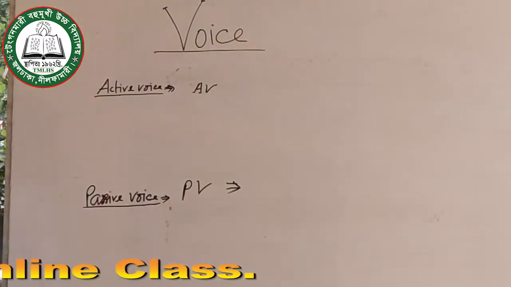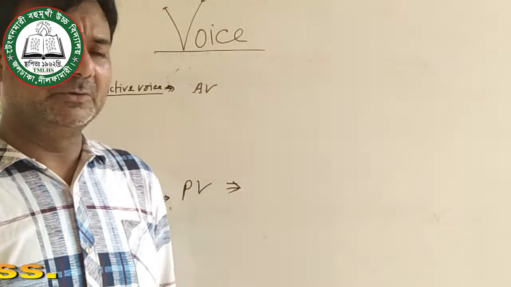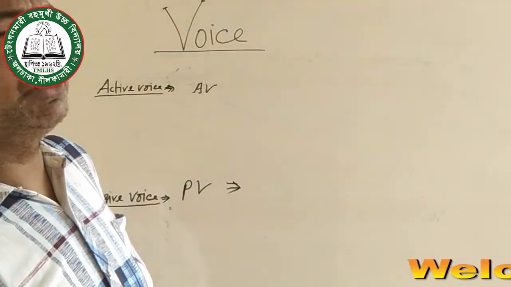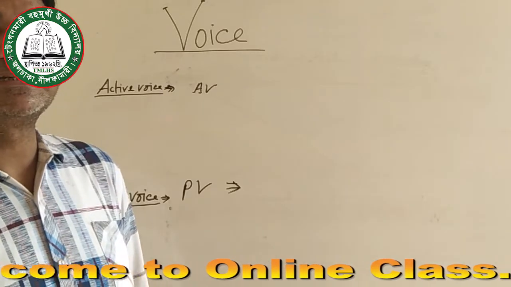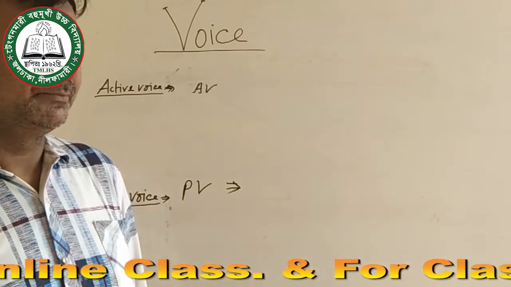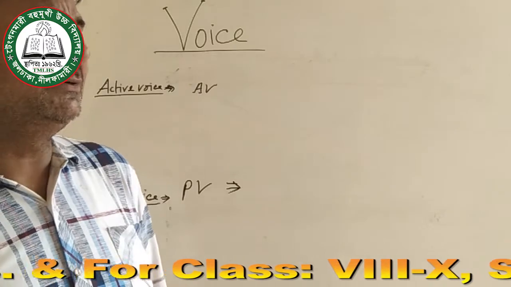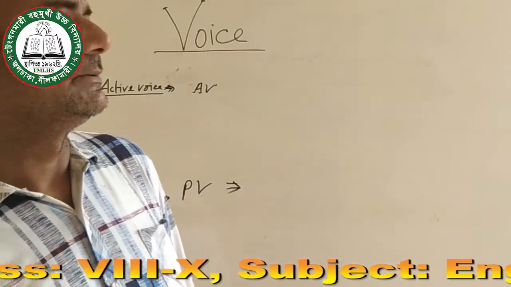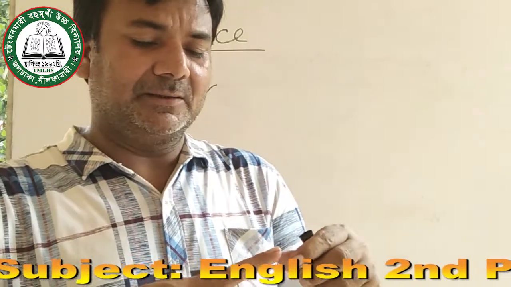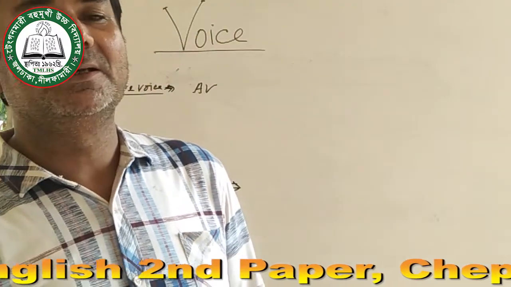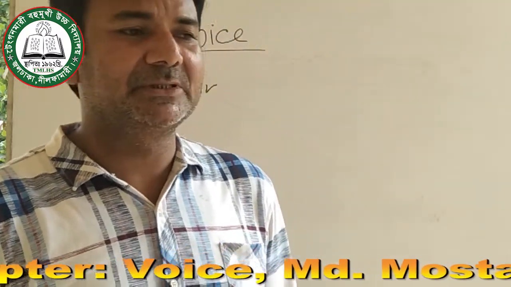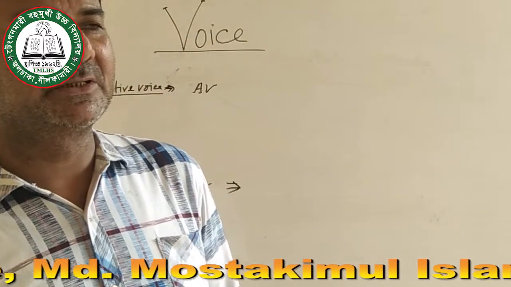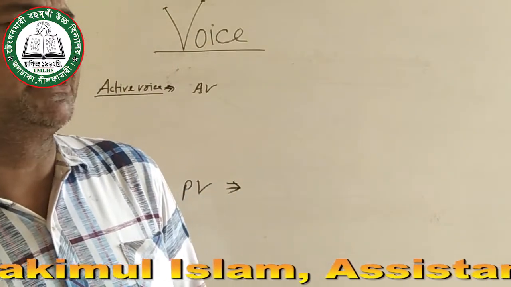My dear student, you know there are 12 tenses in English, but if we remember that there are three indefinite, that means present indefinite, past indefinite, and future indefinite.